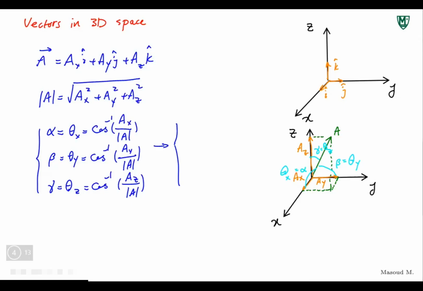Following just the same equation, you will get AX is equal to magnitude of the vector times cosine alpha. AY is the magnitude of the vector times cosine beta, and AZ is the magnitude of the vector times cosine gamma.